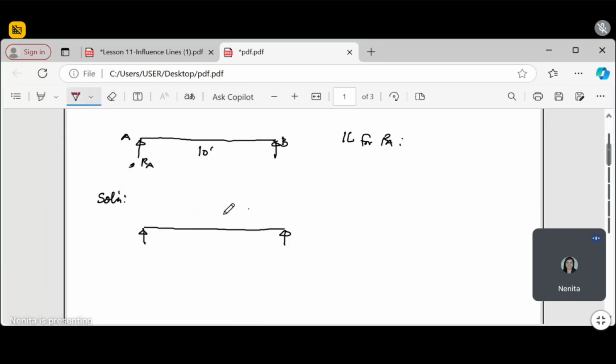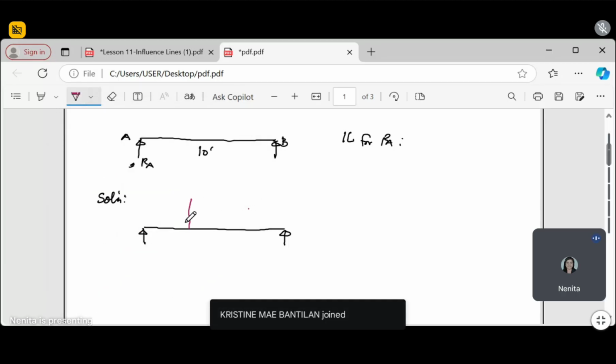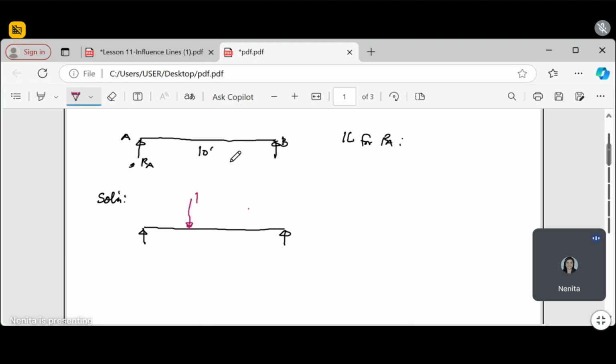As we said earlier, 1 unit load at any point. So let's say this is your 1 unit load.